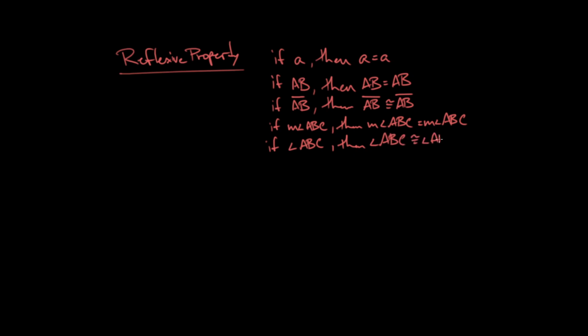So I could keep going on, and as we progress through learning more topics, it'll be the case for triangles or for any polygon or just anything along the way that we talk about. If we have something, it will be equal if it's a measure or congruent if it's an object to itself. So that's the reflexive property.